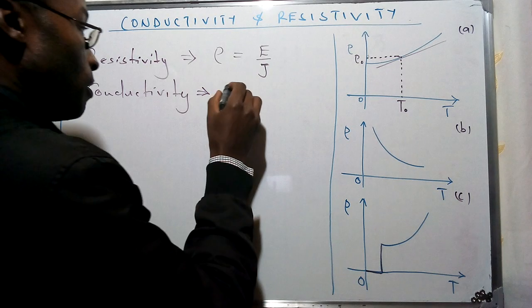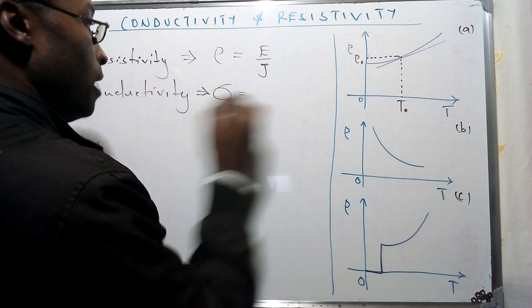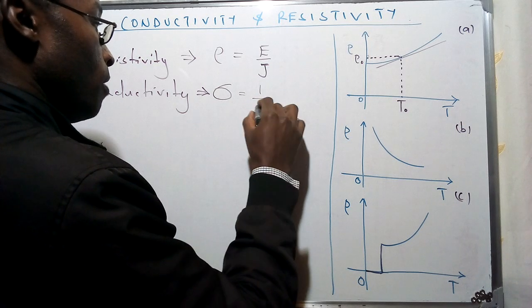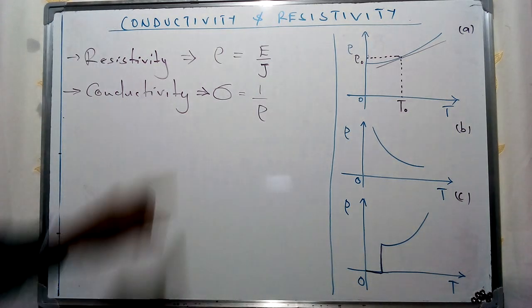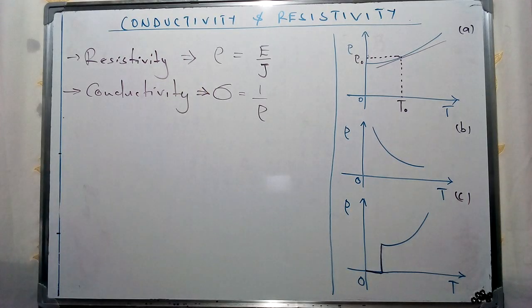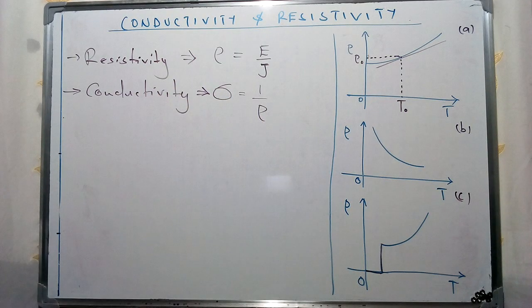Perhaps I can use a sigma to represent conductivity. And therefore, we're going to have this sigma represented as the reciprocal of resistivity, given as such. So in summary form, this is the relationship between the two, and this is going to assist us in trying to compare either of the two in relation to temperature, which I've mentioned.